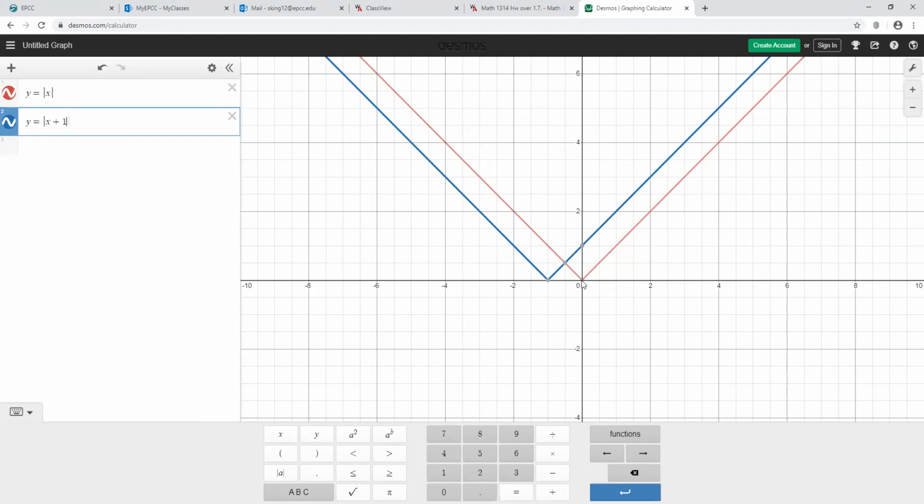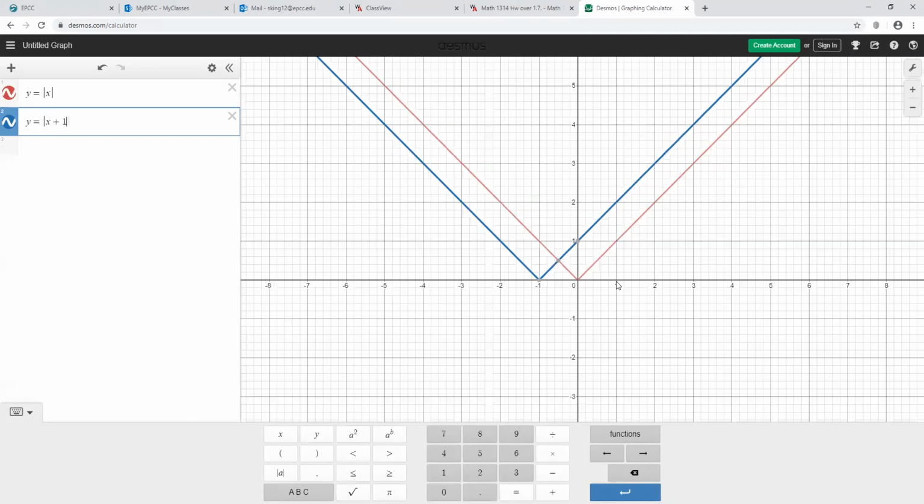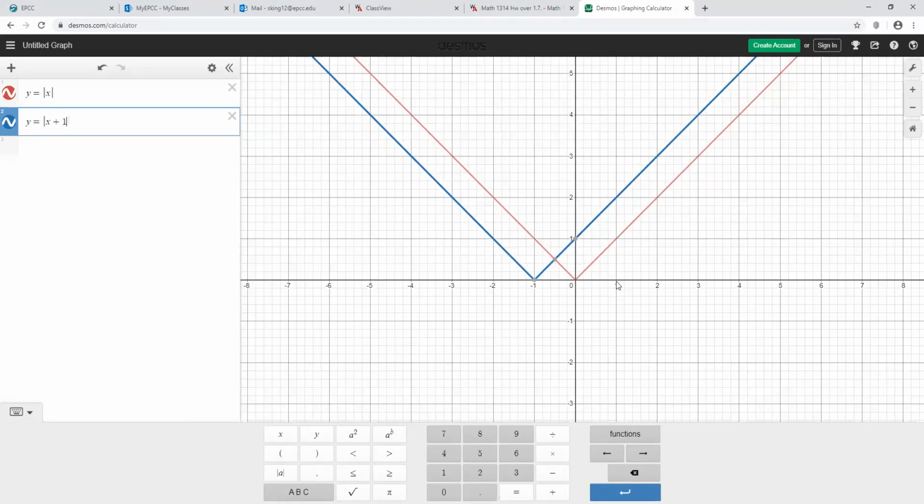Remember I was telling you about key points to understand? If you go 1 unit over, you should land back on the graph when it's 1 unit up. If you go 2 over, 2 up. 1 to the left, 1 up, you should be back. Now look at this blue graph.